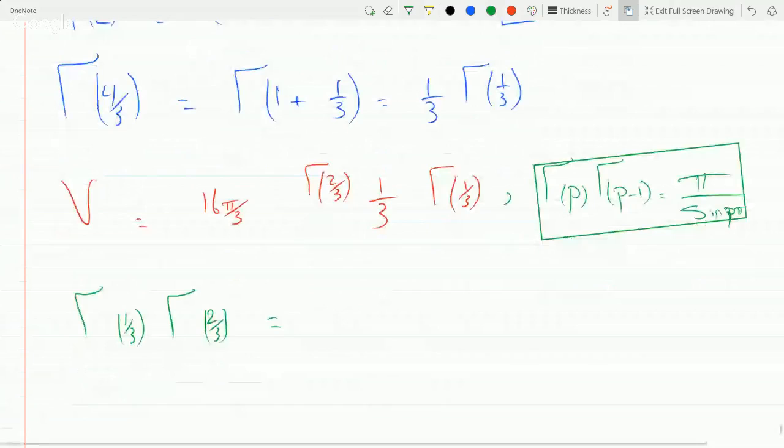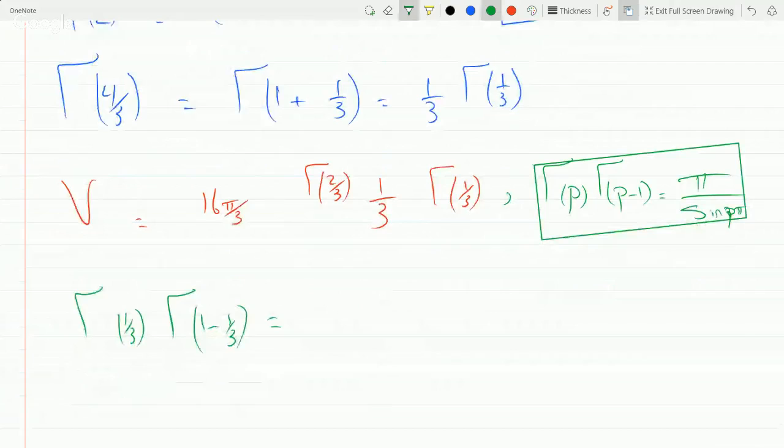So this is 1 minus 1/3. According to that, oops, wait, it needs to be p minus 1. No, it doesn't work. We'd have to leave it.